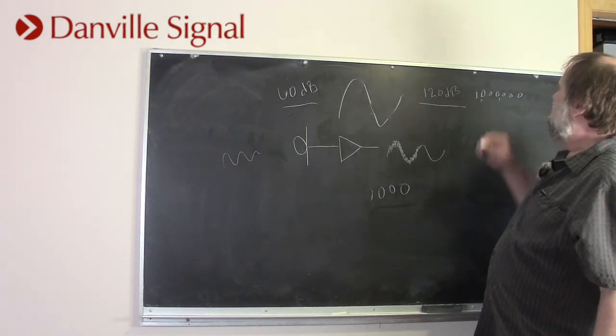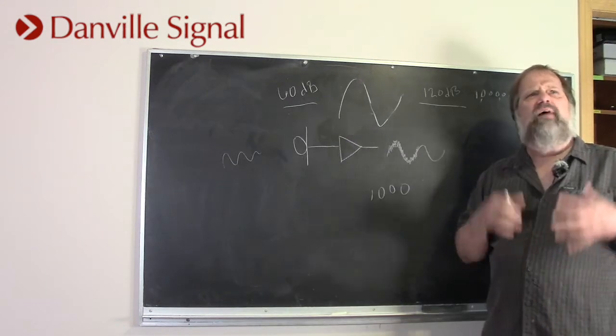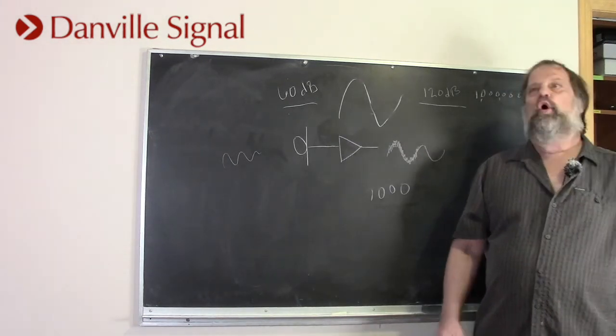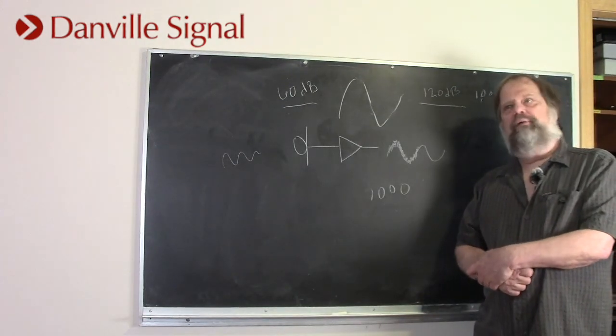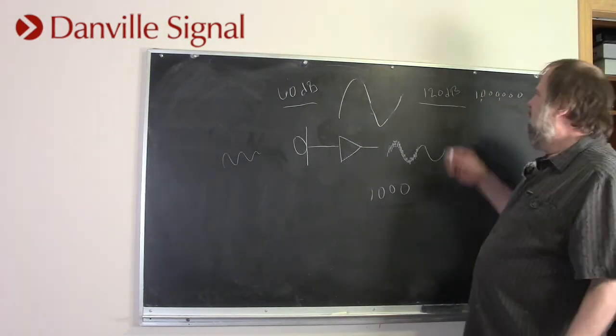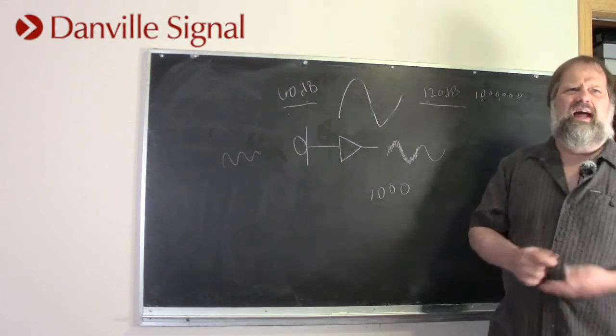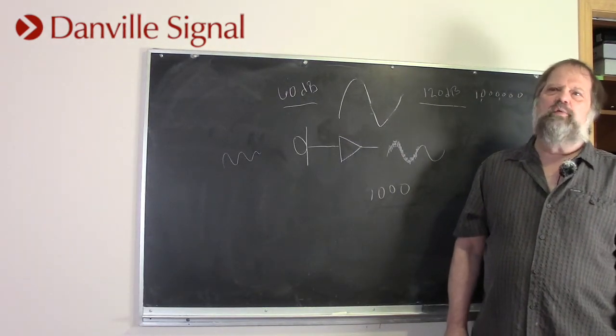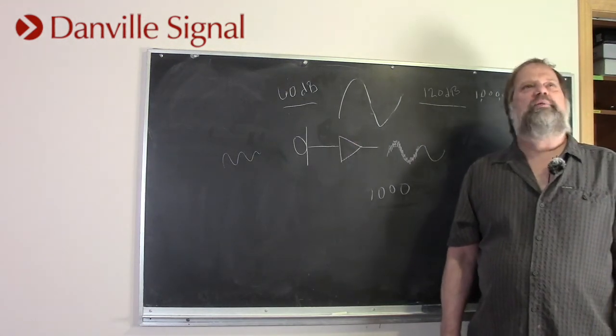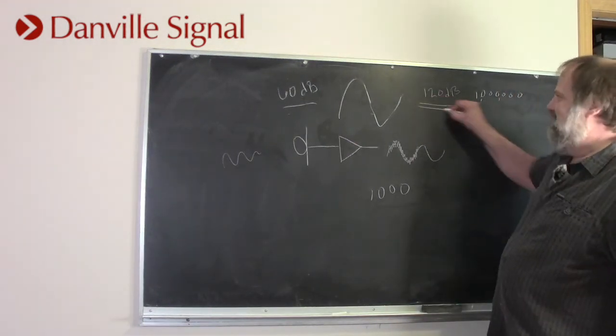Okay? So let's say we're measuring something. I say, how far is it to the corner or down the street to the neighbor's house? And you say, well, it's a kilometer. With this resolution, a kilometer is kind of a rough number. It's a kilometer within 1 millimeter accuracy. That's what 120 dB is.